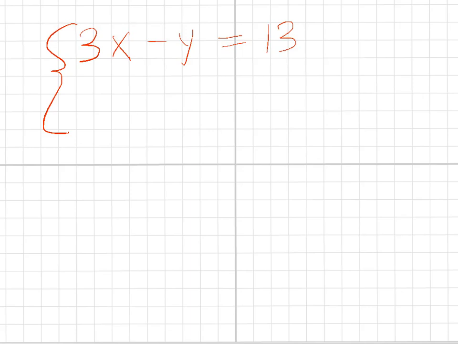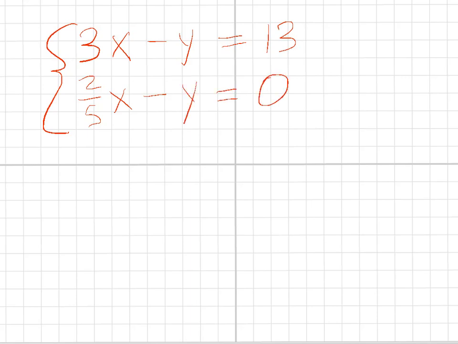If I were to give you something like 3x minus y equals 13, and the other equation is 2/5 x minus y equals 0.